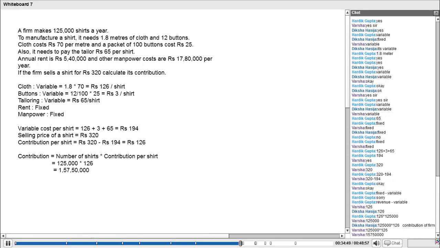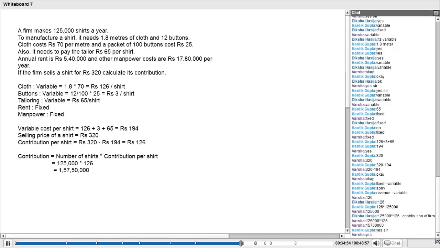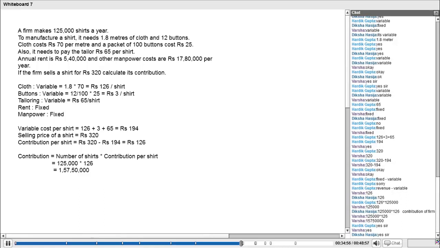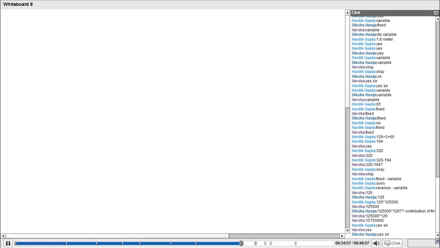Okay. So is this example clear to all of you? Okay. Let's move on. Okay, so the next concept we will touch upon today is profit and loss. So what all have we covered?